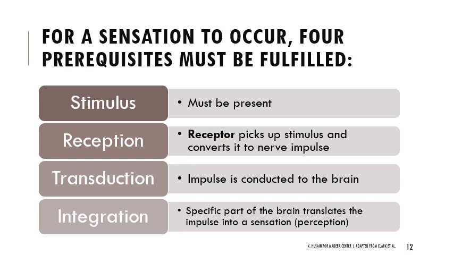So again, I've spoken to this point that for a sensation to occur, you have to have some prerequisites. You have to have a stimulus first, and we'll talk about this a little bit more in a bit, but that stimulus has to be present. You can't just have this signal being sent out of nothing. You have to have reception, so you have to have a receptor picking up that stimulus. The receptor has to match the stimulus, and then it's able to convert it into a nerve impulse.